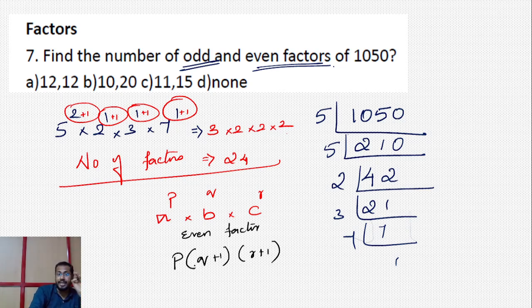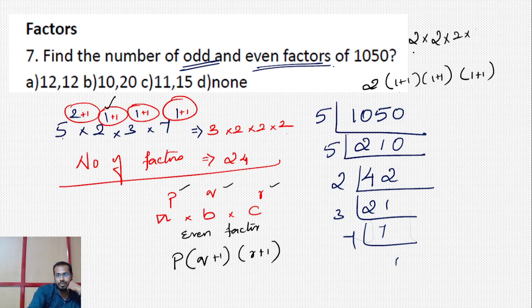Look at this, which is P, which is Q, and which is R. So now finding even factors, I need to take this 5 power 2 as the P. Next, this is 1 plus 1. Then again 1 plus 1, then one more 1 plus 1. So 2 into 2 into 2, so 2 times 4. 4 into 4, so something is wrong. Wait.